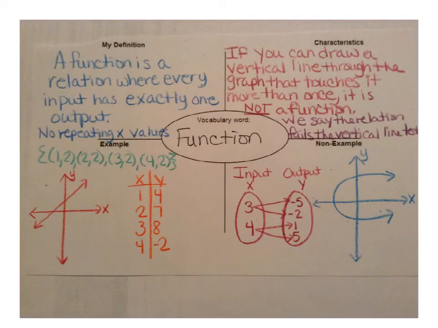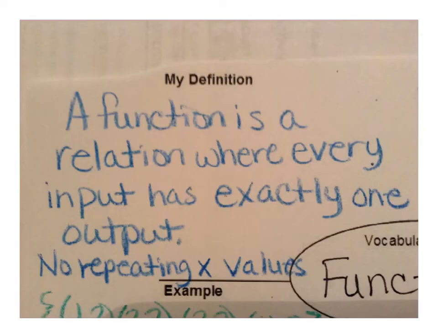Now let's look at your second Frayer model, and in the center of this one we're going to write function. So if you'd write that in the center for me, please, and then we're going to do the same way with this one that we did with relations. So my definition for a function is a relation where every input has exactly one output.